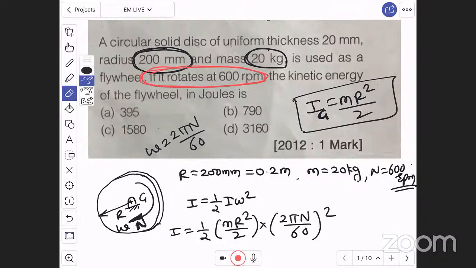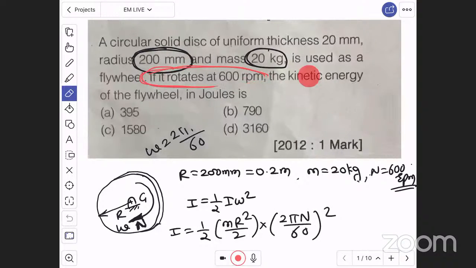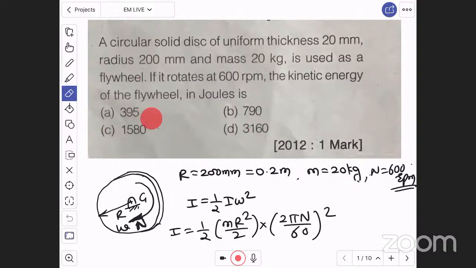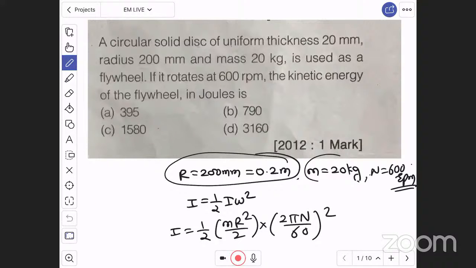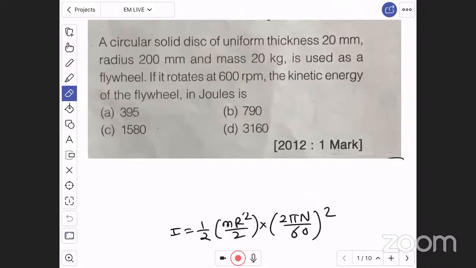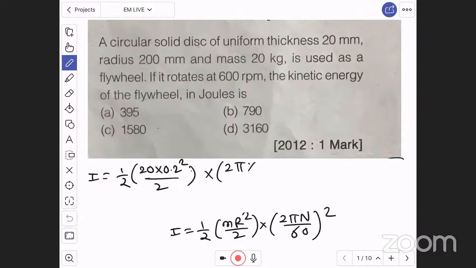Now my dear students, put the values, whatever they may be. R is 0.2, mass is 20 kg, n is 600 rpm. So kinetic energy is equal to 1/2 into 20 into 0.2 square divided by 2, into 2 pi into 600 divided by 60, whole square.